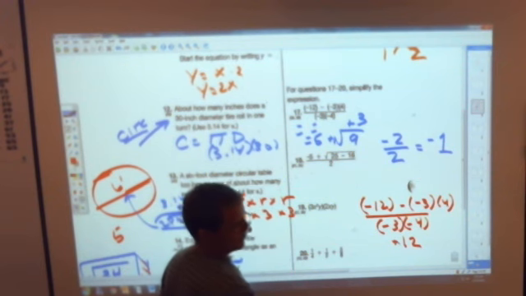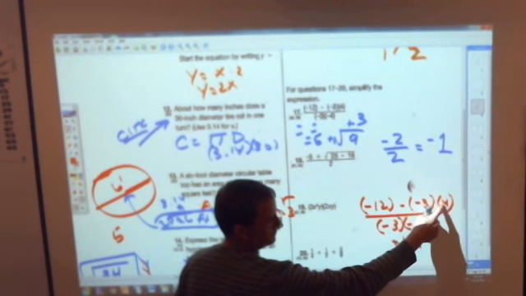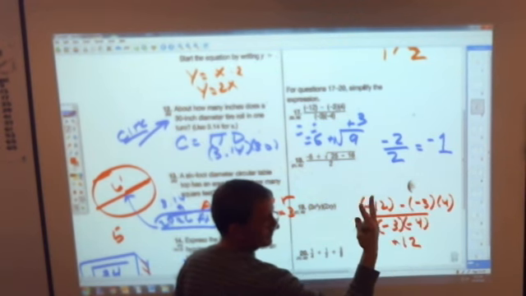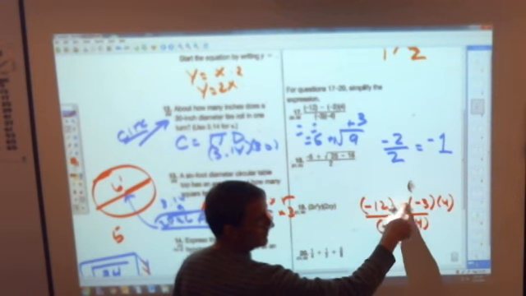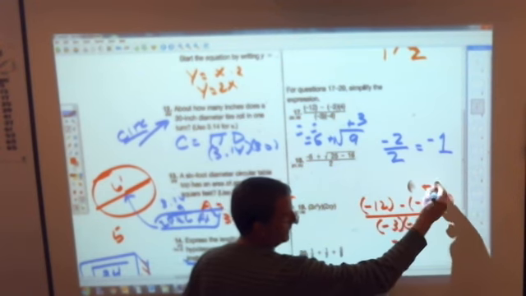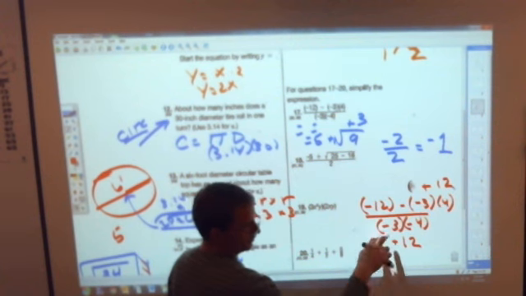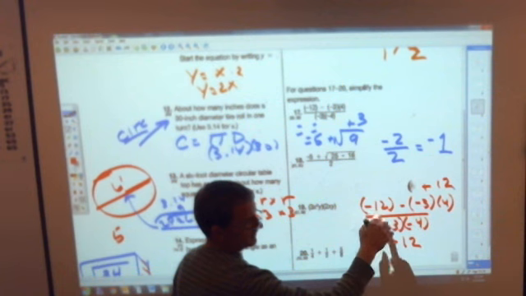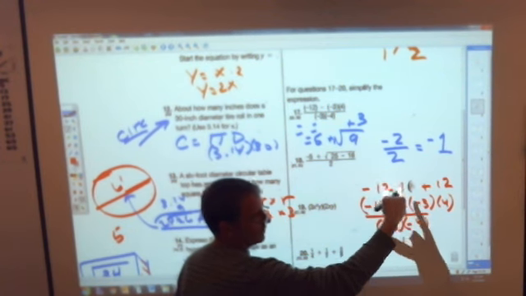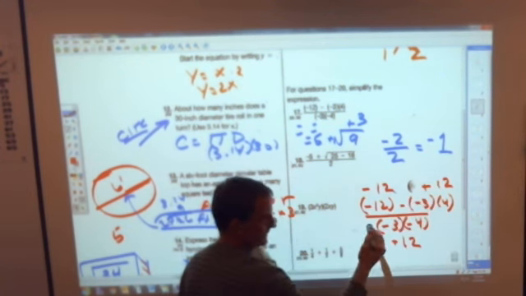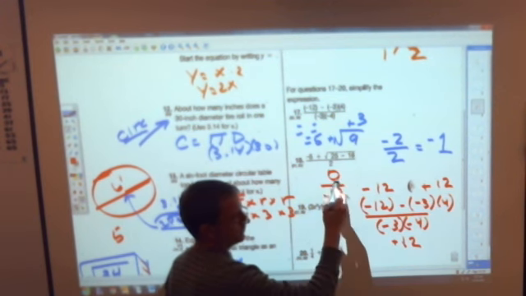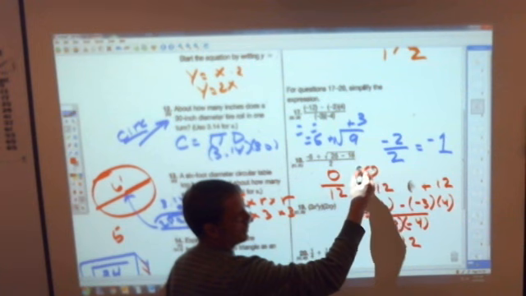So that's the bottom. You with me? Top, what do you get when you multiply 3 times 4 here? 12. And how many negatives are there? 2. The minus sign is also a negative. So you actually end up with a positive 12 there as well. 2 negatives, 2 negatives. Doesn't matter where they come. And then this one is negative. So you have a negative 12 plus 12, which is 0 on top, 12 on bottom. 0 divided by 12 is 0.